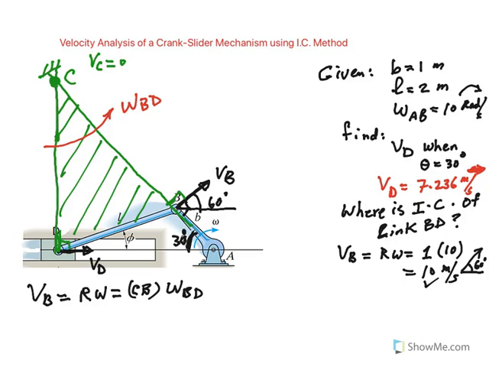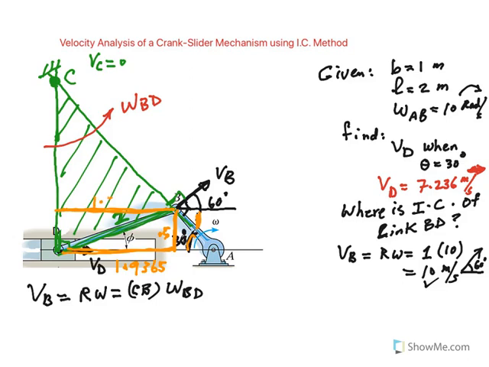Look, if I drop a line here, remember B is 1, and this is 30 degrees, so this would be 1 sine 30, which is half, 0.5. And the length of the connecting rod is 2 meters. So we can find this dimension in this triangle. If the hypotenuse is 2 and the rise is 0.5, this becomes 1.9365 meters, if you do the calculation, which is the same distance as this one over here in this triangle.